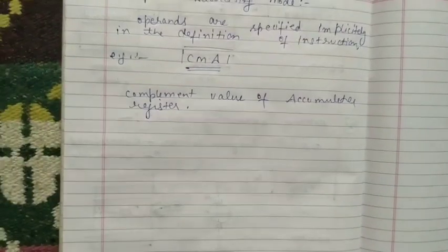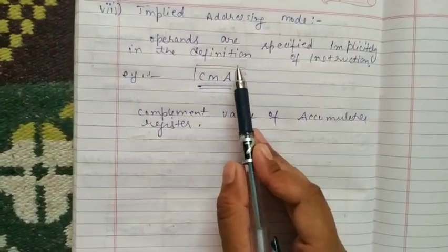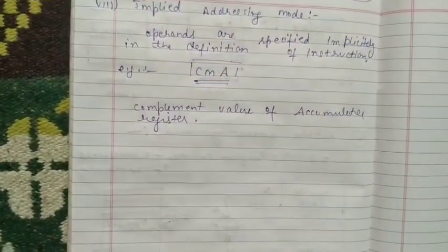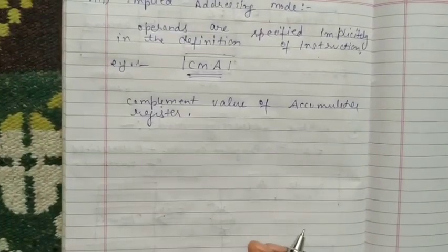Meaning the definition of the operand is implicitly given within the instruction. So these are the basic 8 addressing modes.